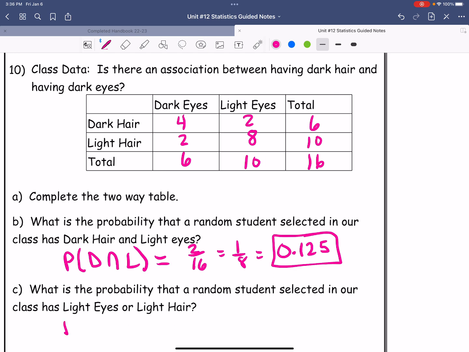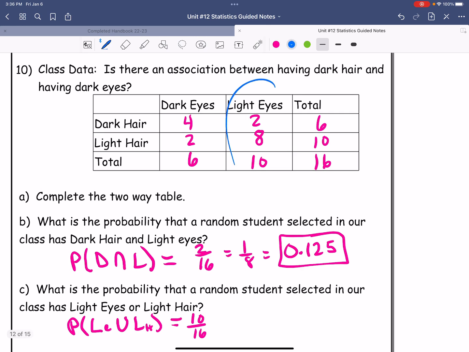What is the probability that a randomly selected student has light eyes or light hair? Light eyes, or, I should do the symbol, or light hair. That's going to be light eyes is 10 out of 16, which is right here, light eyes.